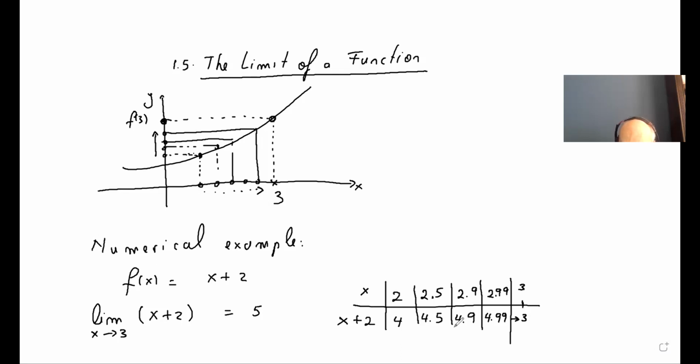We can say that it's kind of obvious here that these numbers are getting close to 3. This is a very simplistic example, but that's the key in understanding today's lesson.